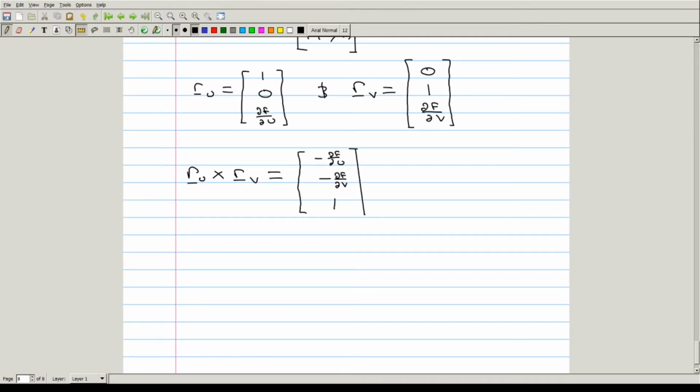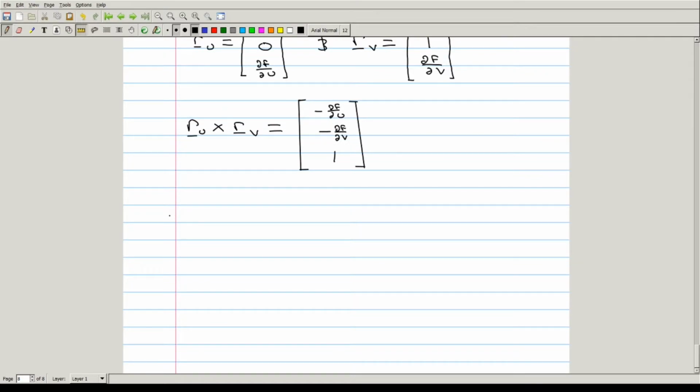So there you have it. This is our r u cross r v. And we know that in the formula for our surface integral of a scalar function, we don't necessarily need this normal vector. We will when we get to the integral of a vector field. But for now, all we need is the magnitude of this vector.